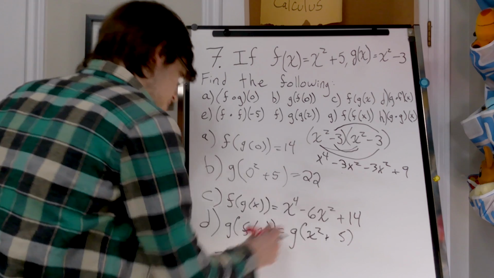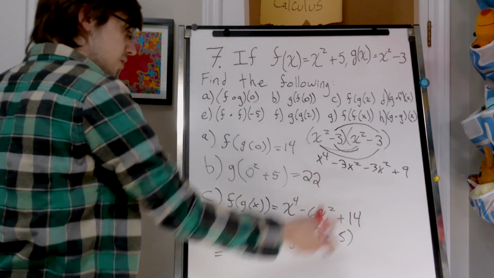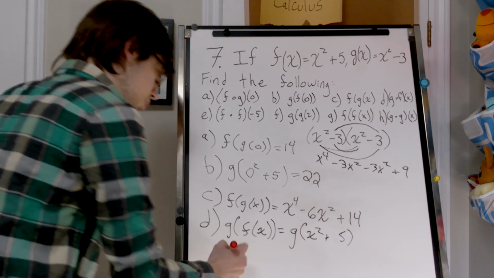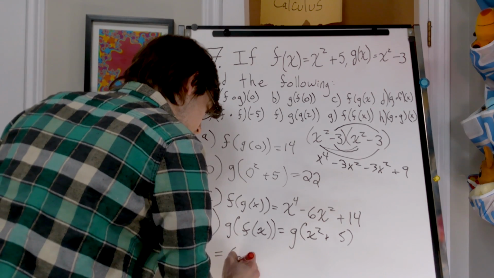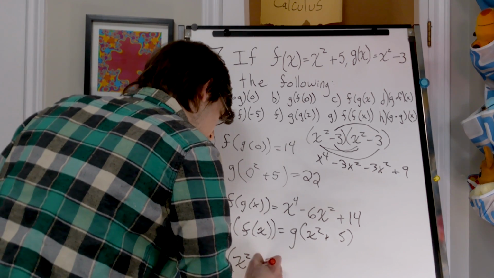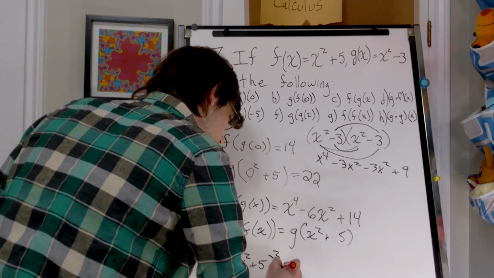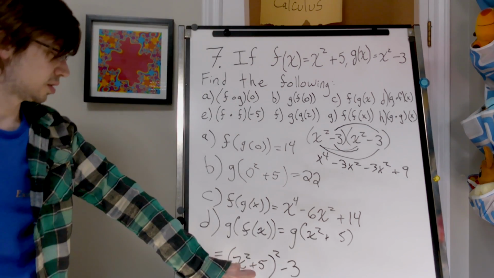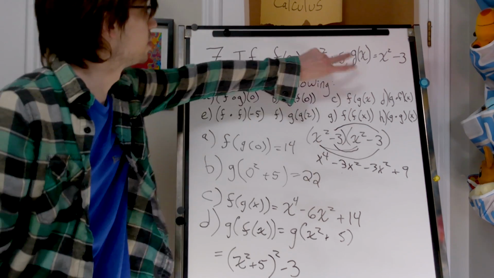But then this goes inside of the G, which will be bracket x squared plus 5 squared minus 3. F is inside of G.